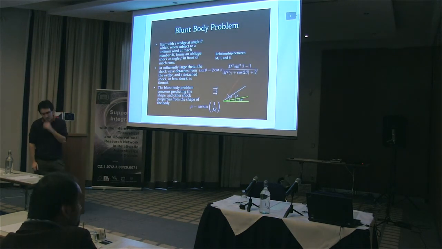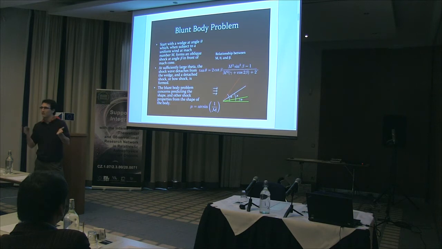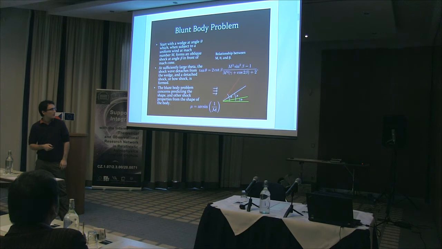Okay, so to start this problem, we have to consider how the shock wave is formed. A bow shock, as you probably know, starts from an oblique shock. In an oblique shock, you just have a uniform wind hitting a wedge at some angle theta. That will form a Mach cone, but more interestingly, it will form an oblique shock.